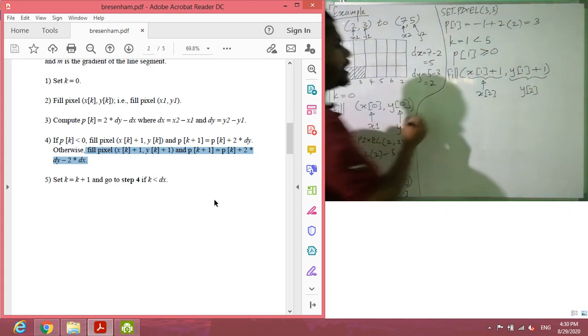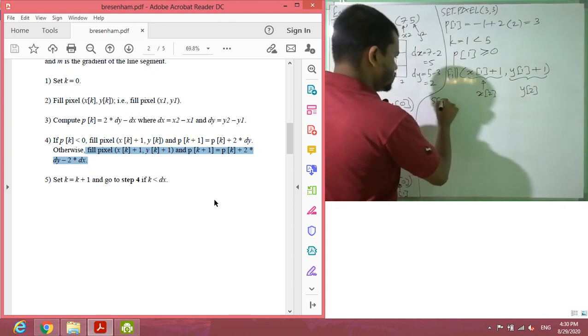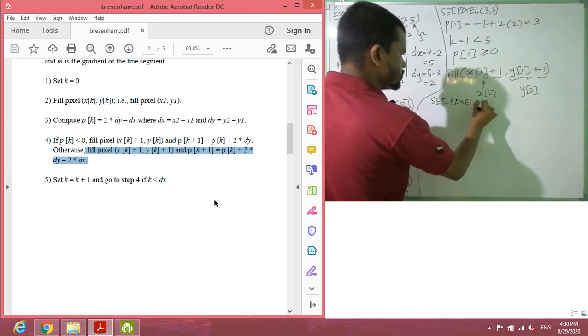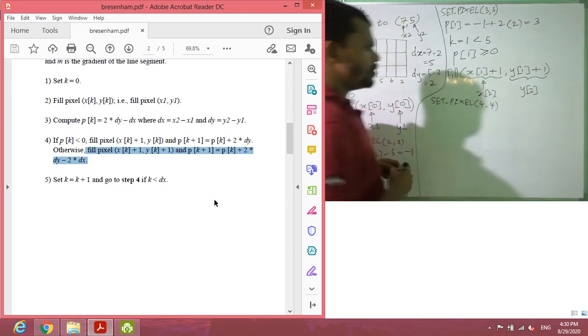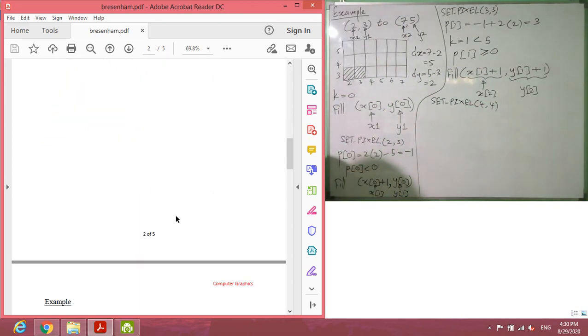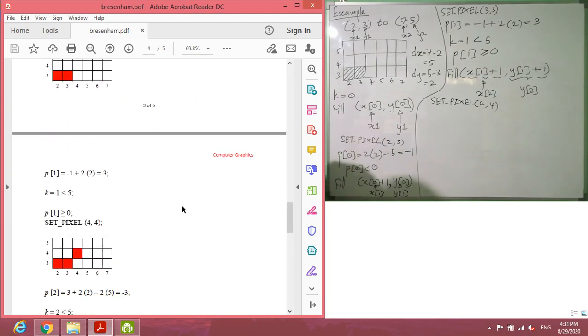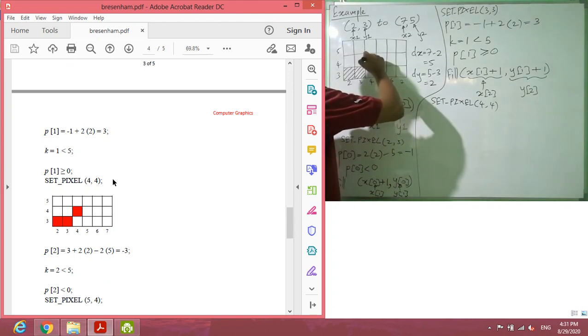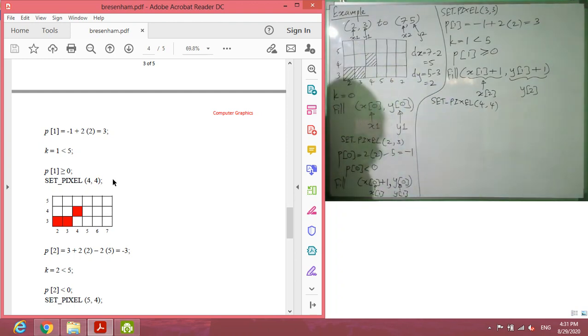That means we have to invoke set pixel 4 comma 4. Okay, let's look at the example. 4 comma 4.